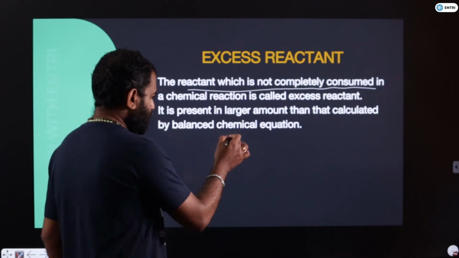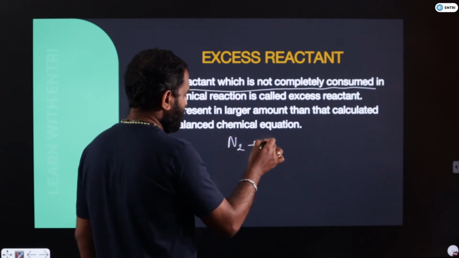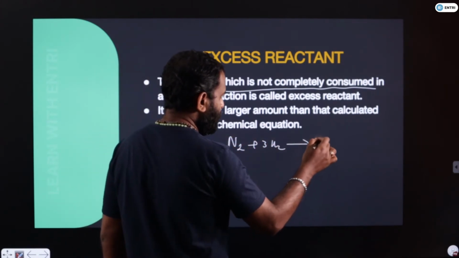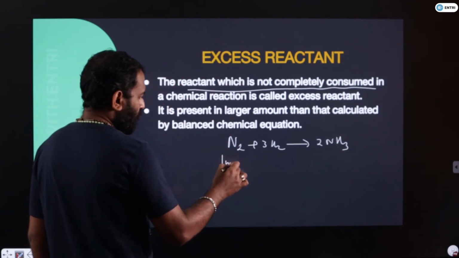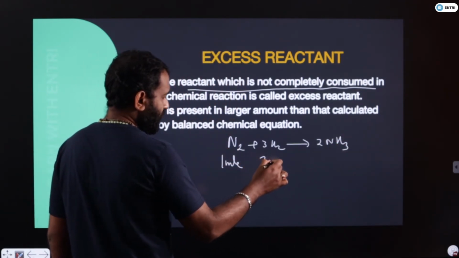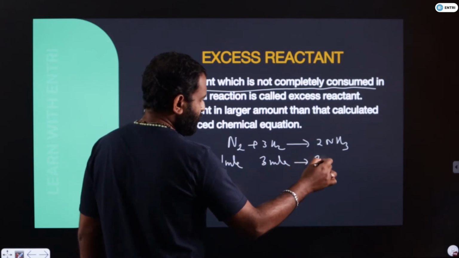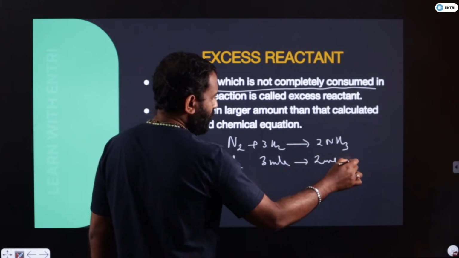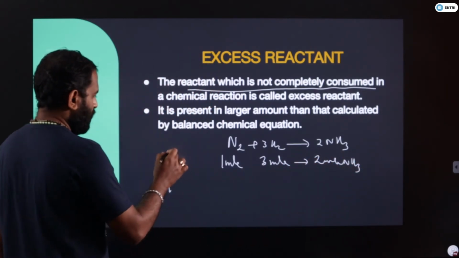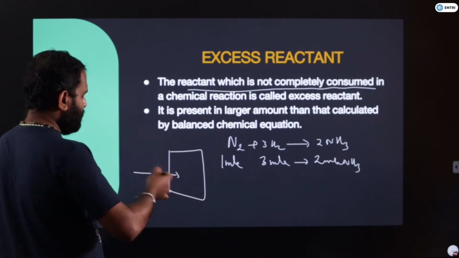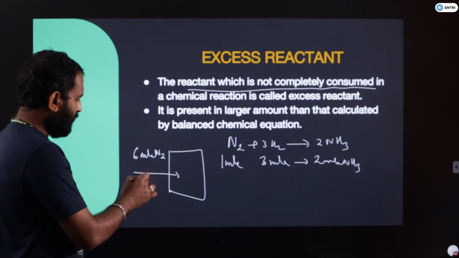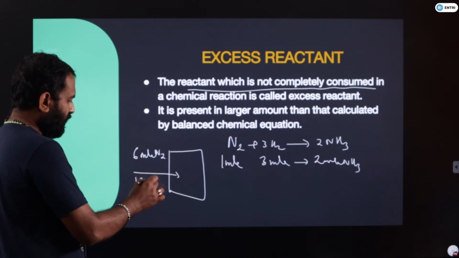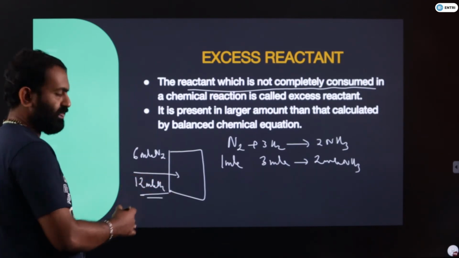Okay. Suppose N2 plus 3H2 gives 2NH3. 1 mole nitrogen combined with 3 mole hydrogen gives 2 mole ammonia. So, into the reactor I give 6 mole nitrogen and 12 mole hydrogen.